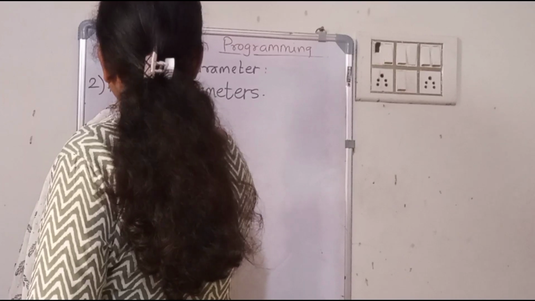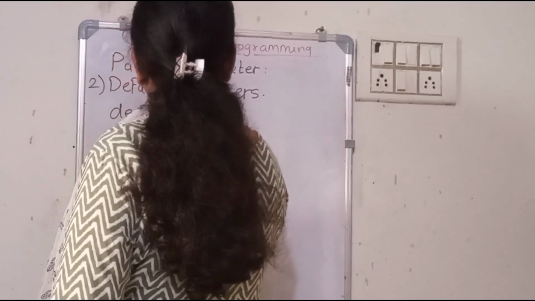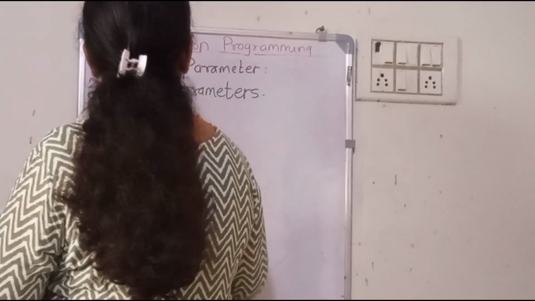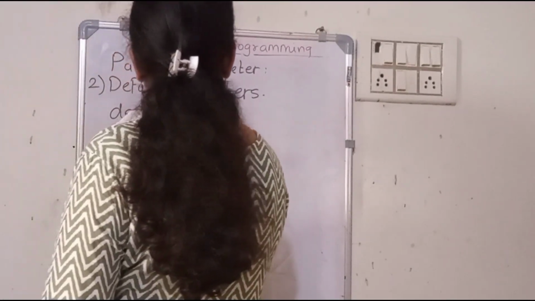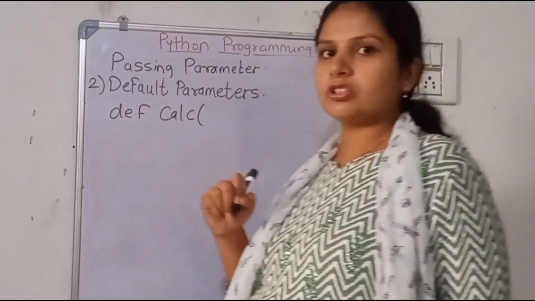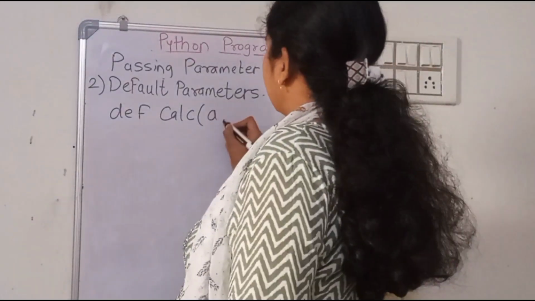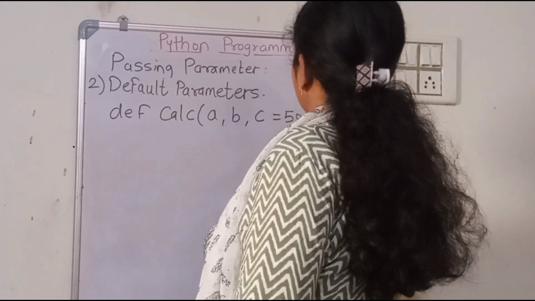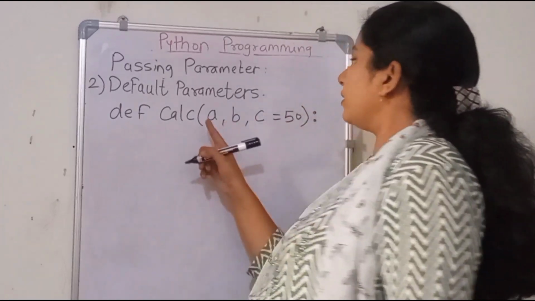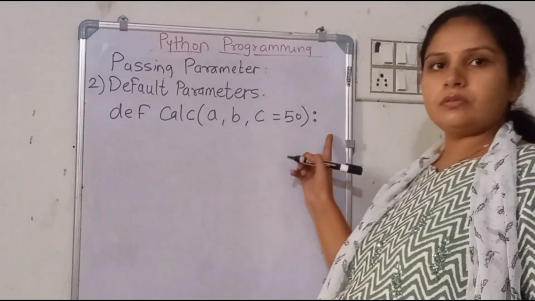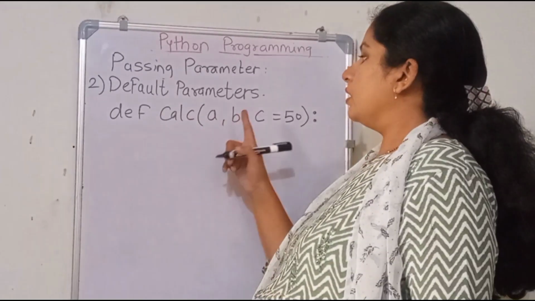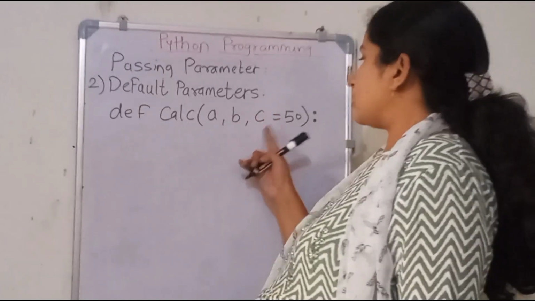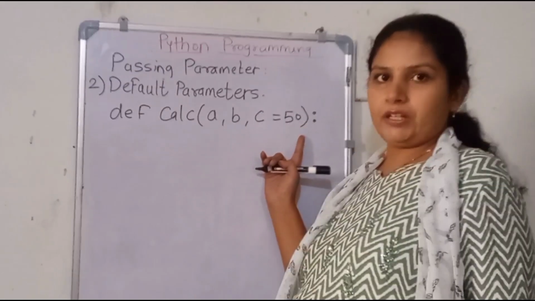Here I am taking the same function definition, calci. I am using three values a, b, c, where c equal to 50 is my default value.